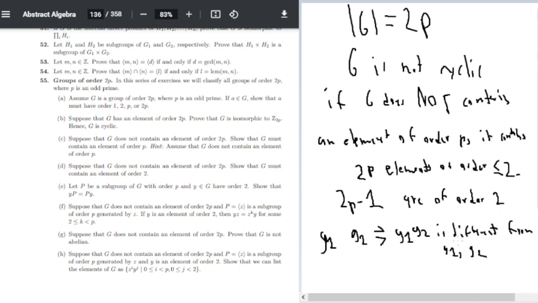So for example, we have g1 and then, I'm trying to think here. So the group is abelian, and for any g1 and g2, g1 g2 is both non-identity and different from g1 if g1 is not equal to g2.